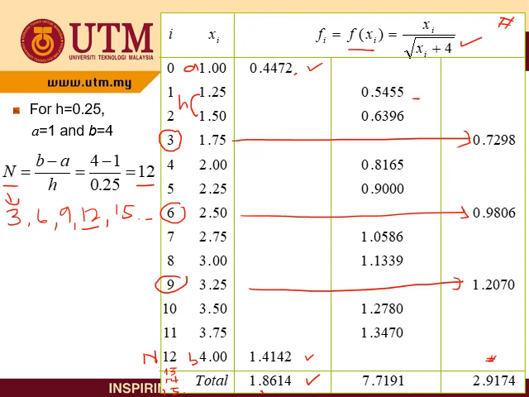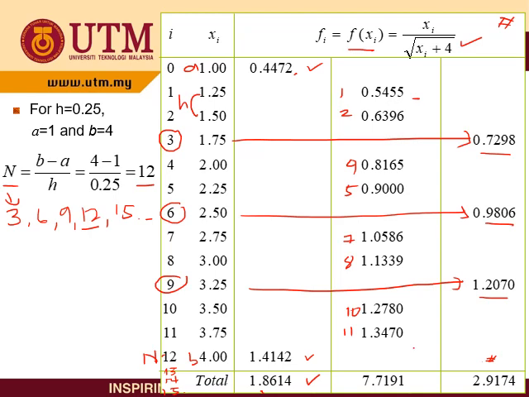In the middle, if you have a multiple of 3, 3, 6, 9, for this question until 12, it is on the third column. The rest, 1, 2, 4, 5, 7, 8, 10, 11, is on the second column.